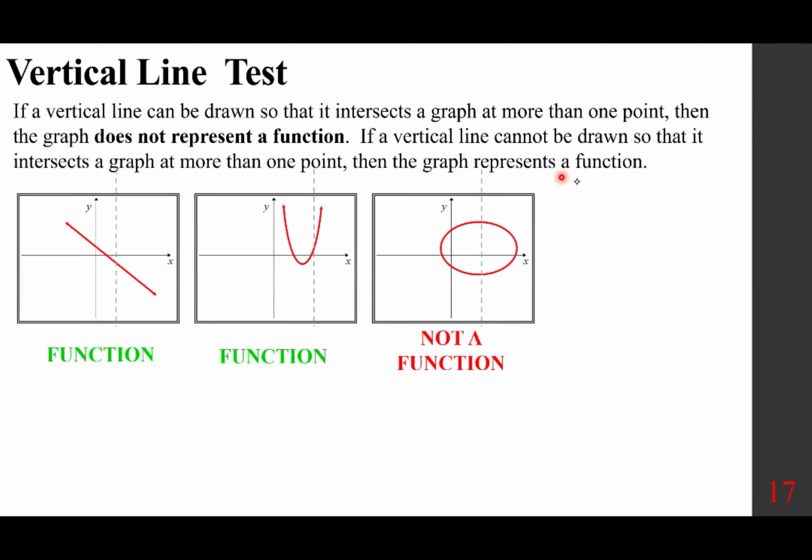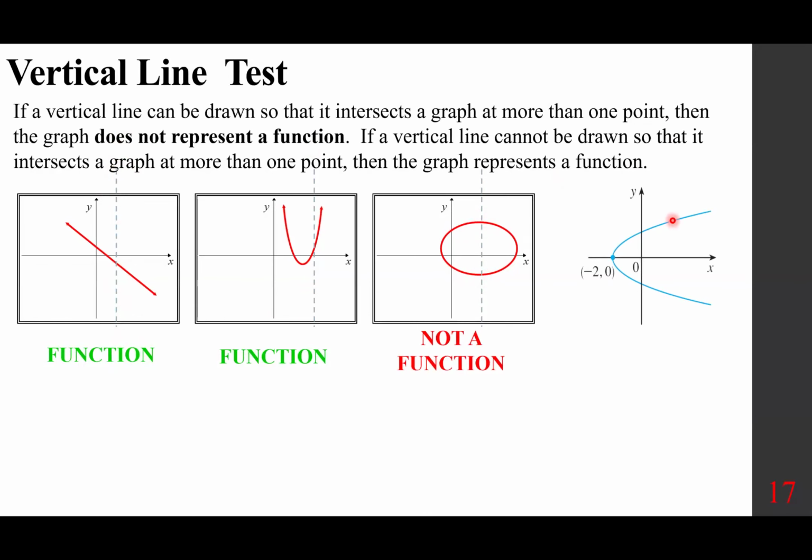The reason is very simple. There is no way we can come up with a point where this vertical line crosses the graph more than once. The same here, but over here, it crosses it at these 2 points. Do you see that? So therefore, it is not a function. Same thing here.